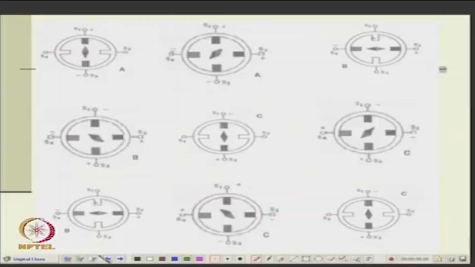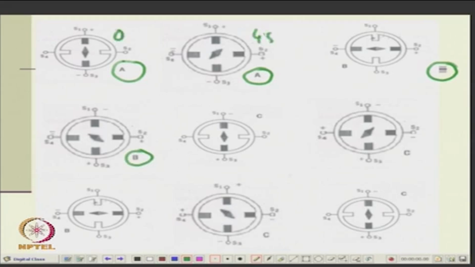Now, this is another combination, you have 0 degrees, and you have 45 degrees, you have 90 degrees, and again you have shifted 135. Let us say 0, 45, 90 and 135, okay, like this.